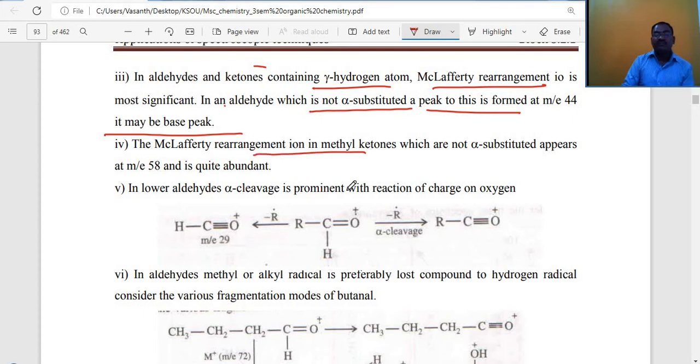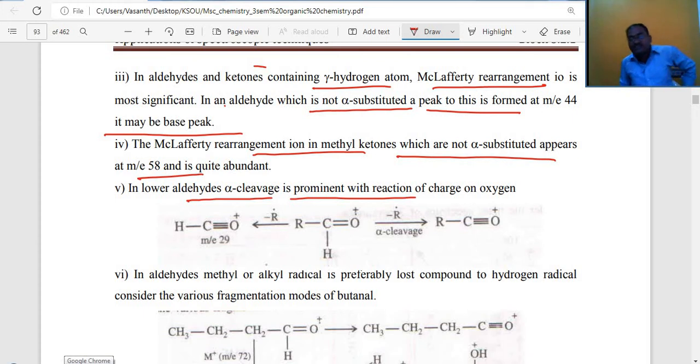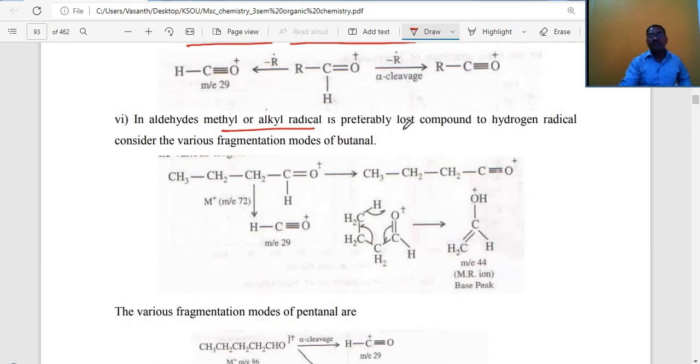In McLafferty rearrangement, the ion in methyl ketones which are not alpha substituted appears at M by E 58, which is quite abundant. In lower aldehydes, alpha cleavage is prominent with retention of charge on oxygen. In aldehydes, a methyl or alkyl radical is preferably lost compared to a hydrogen radical.